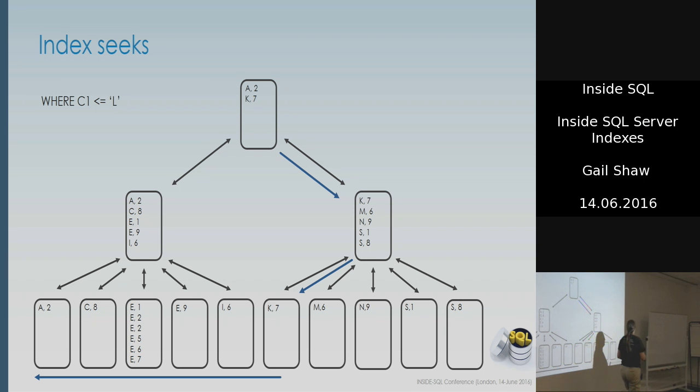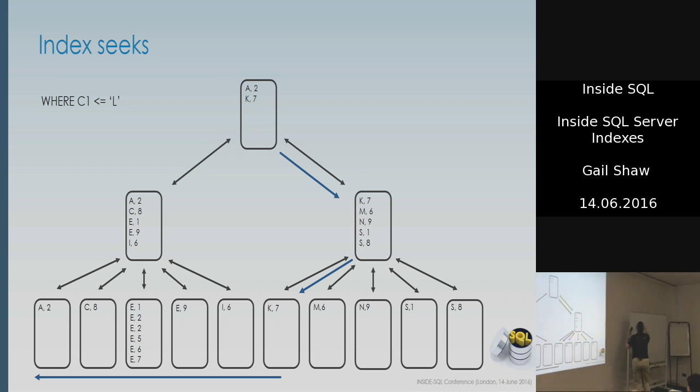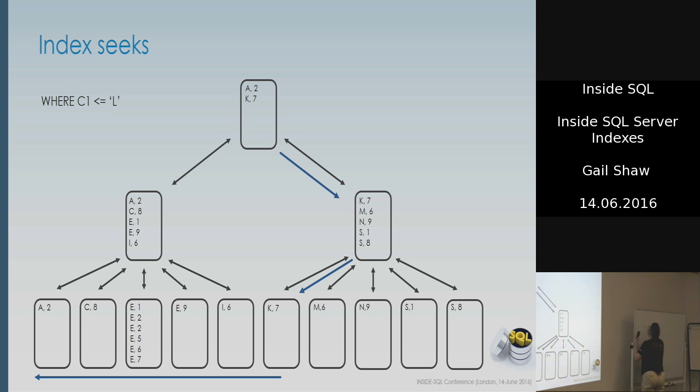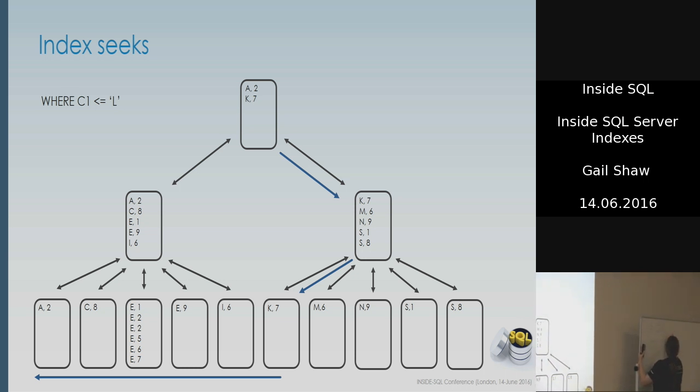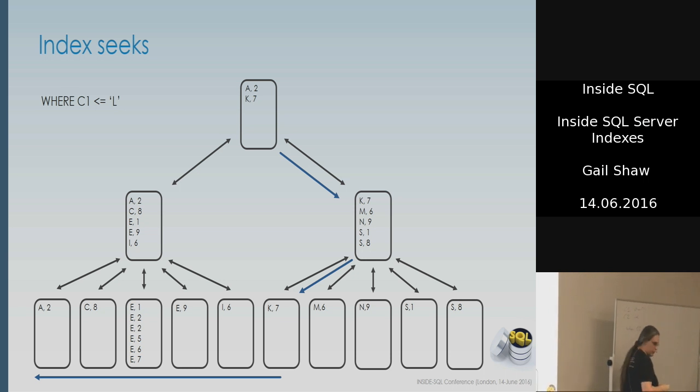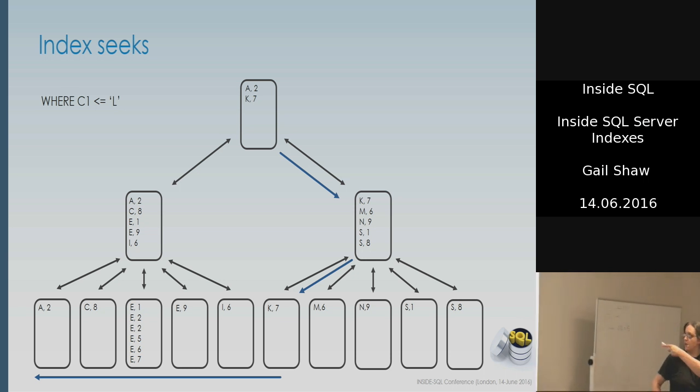What happens if I've got, instead of C1, a query on C2 equal to 5? Can we evaluate that as a seek operation given that index?